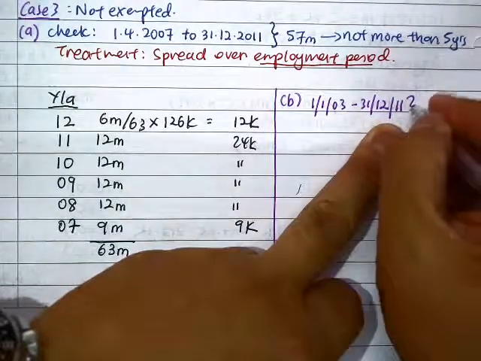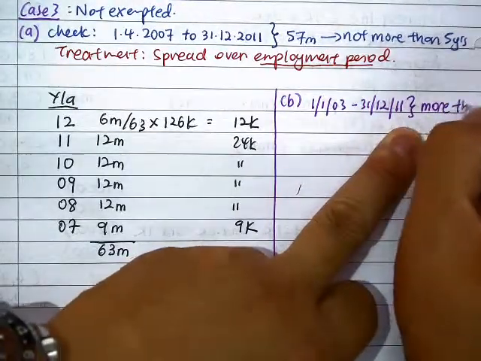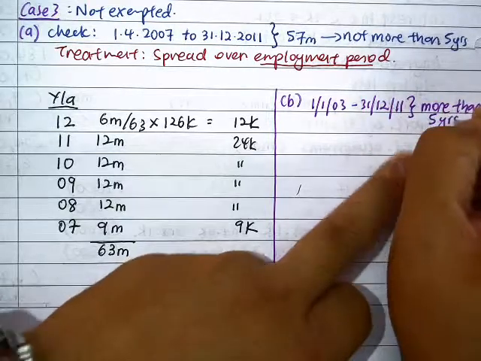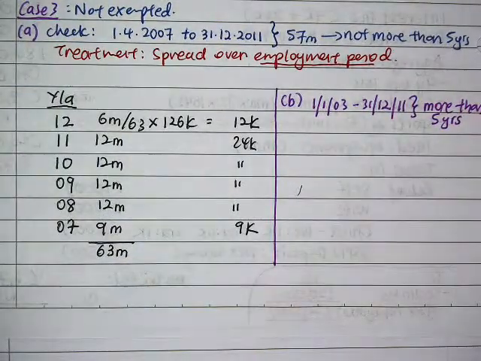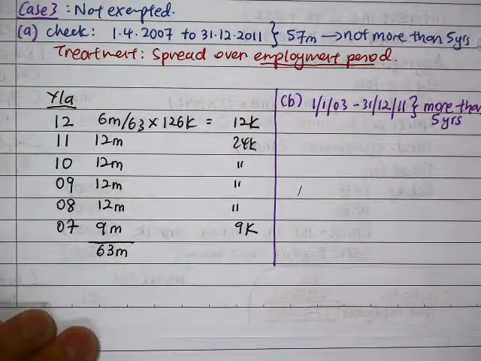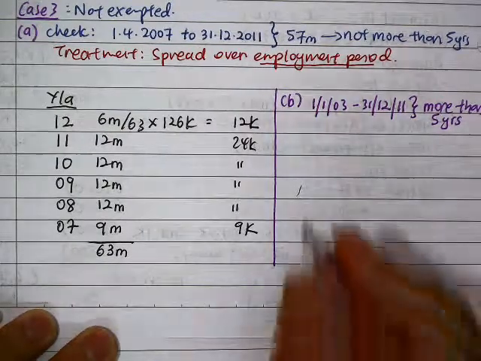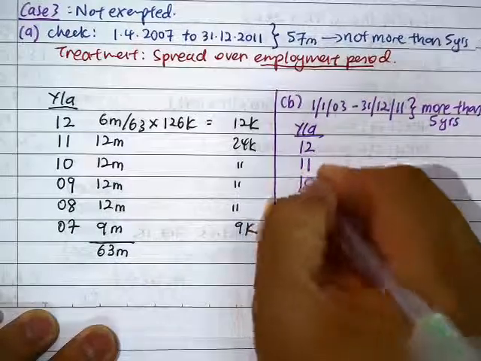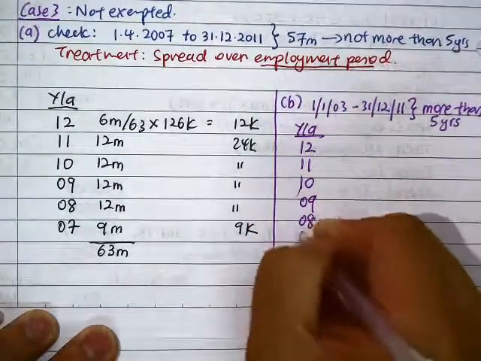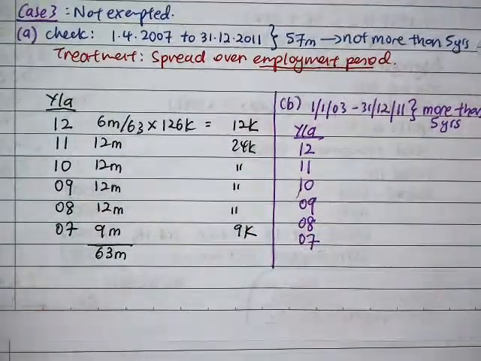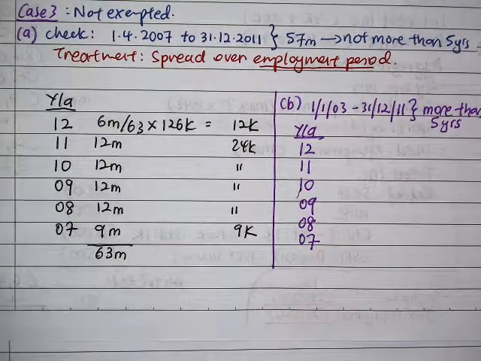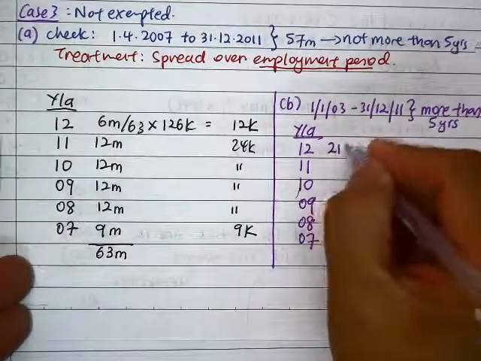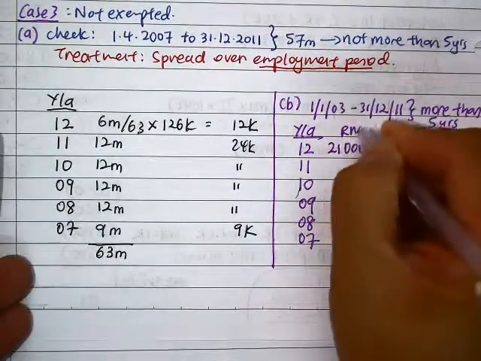This time it is more than 5 years. Once it's more than 5 years, it's spread back over the last 6 basis periods. So you're going to expect YA 12, 11, 10, 9, 8, 7. So 126 divided by 6 will be 21.